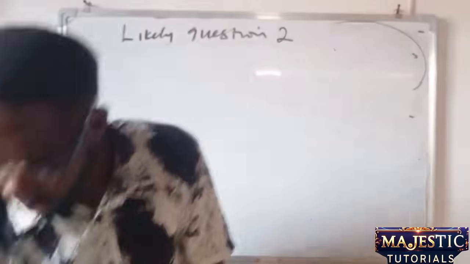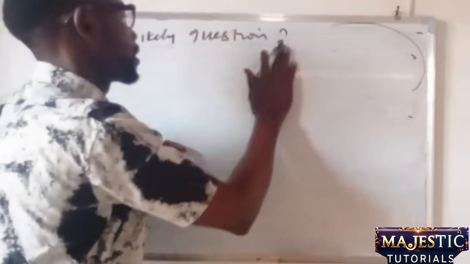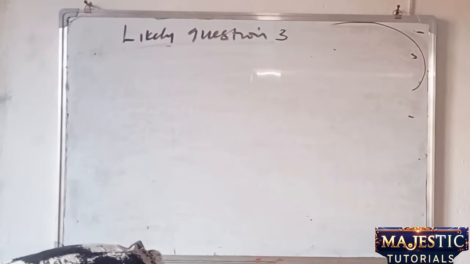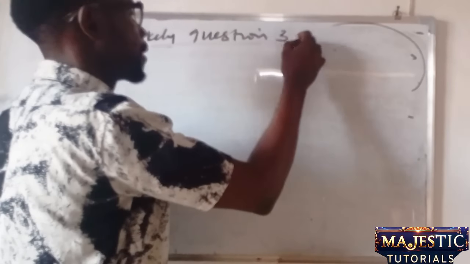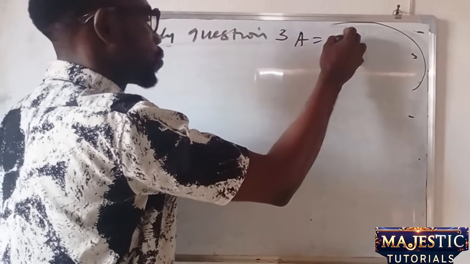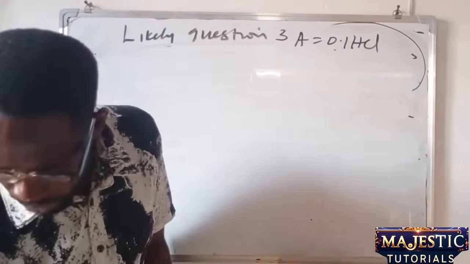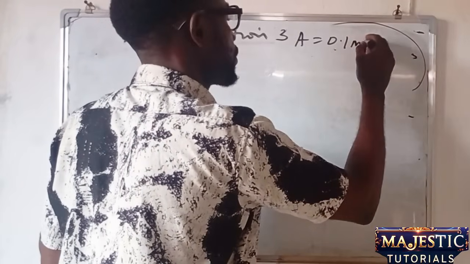Now, likely question 3, like I said, says HCl. A is 0.1 mole per dm³ HCl, which means that's the standard solution, of known concentration.